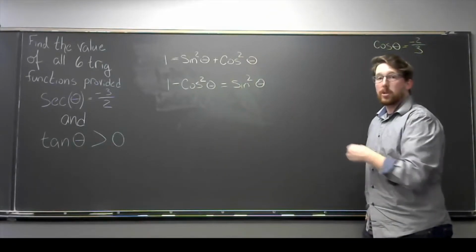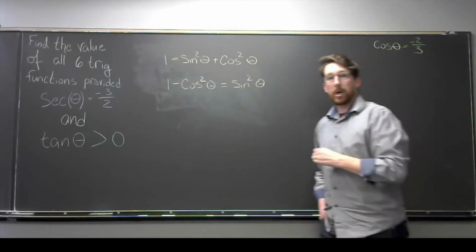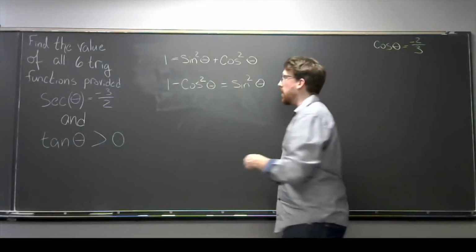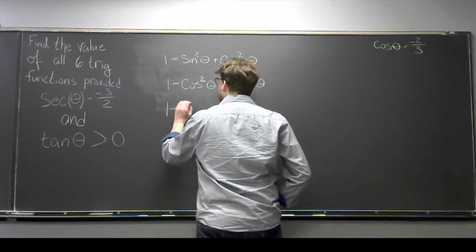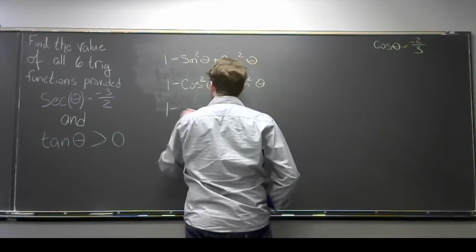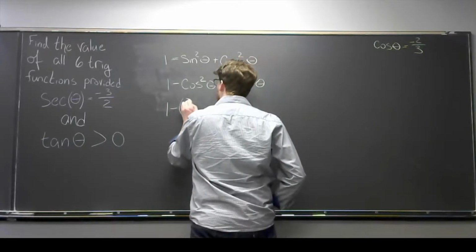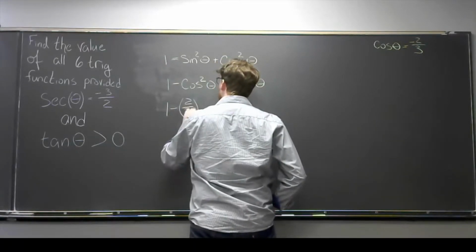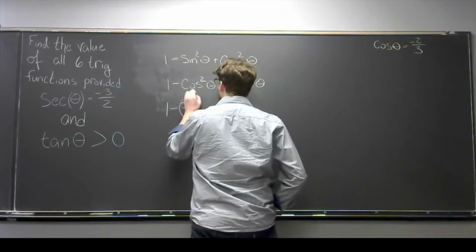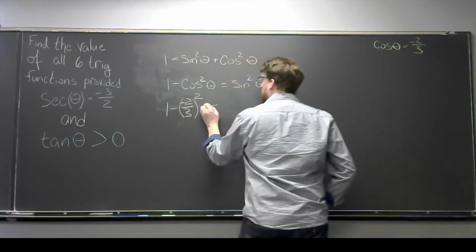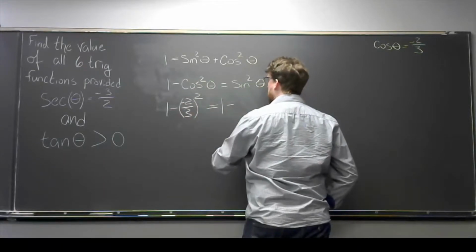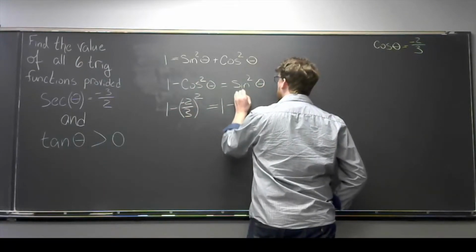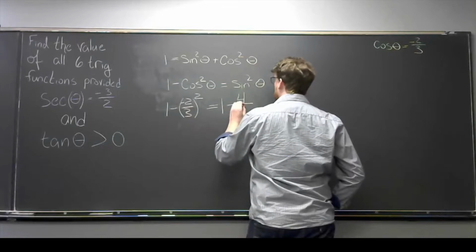Well, we know cosine is -2 over 3. So squaring that, we're going to find that 1 minus cosine squared is actually 1 minus (-2 over 3) squared, which is equal to 1 minus squaring the -2 is going to be 4, squaring the 3 is going to be 9.